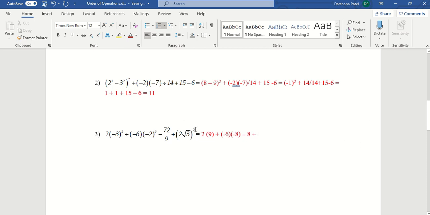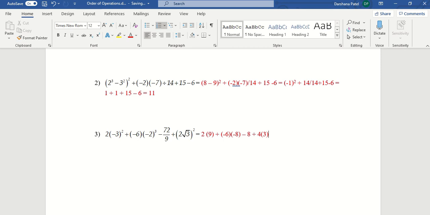Here now the square will apply to 2 and square root of 3 both. 2 squared will give me 4, and root 3 squared, square root of 3 times square root of 3, will give me square root of 9, which will be back to 3. A square root of a number and squaring, it's kind of doing something and undoing it, it will give you back the same number.